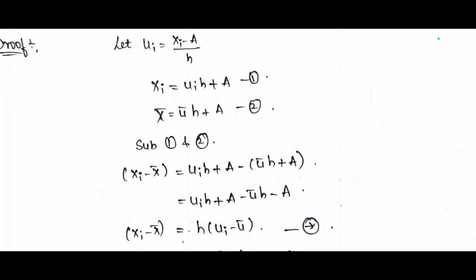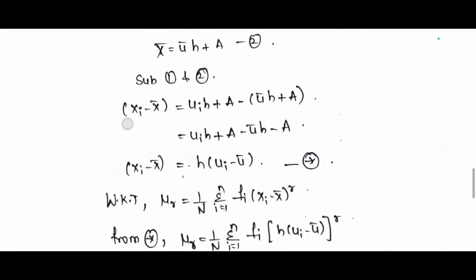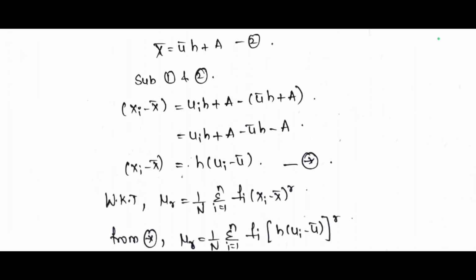So xi minus x bar, if you take h common, equals h times (ui minus u bar). That will be equation number 3, or we can call it star.